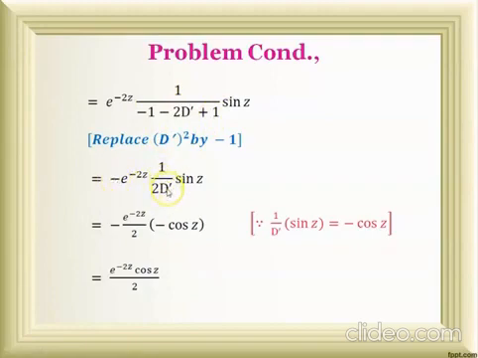There is no addition or subtraction value with the denominator term, so I have only 2d dash. Therefore, no need to make this d dash into d dash square. Directly, I am going to take the integration of sin z. 1 by d dash of sin z, the integration of sin z is minus cos z. So minus minus gets cancelled, and finally I get P.I. is equal to e power minus 2z cos z by 2.